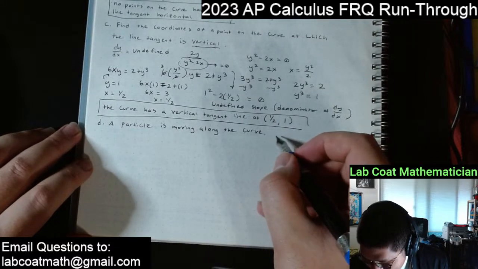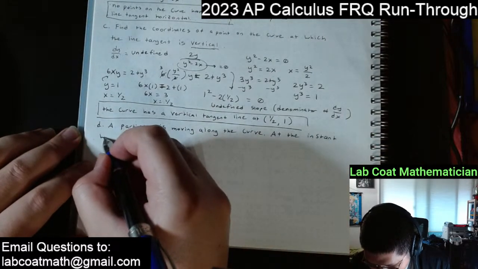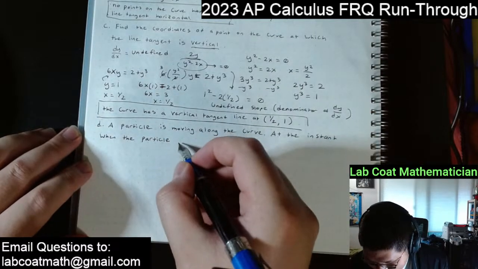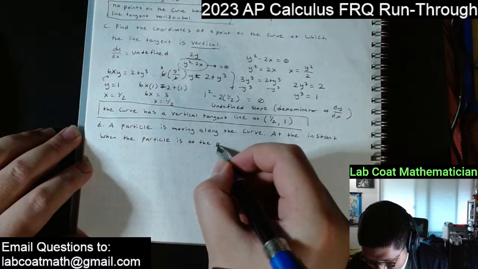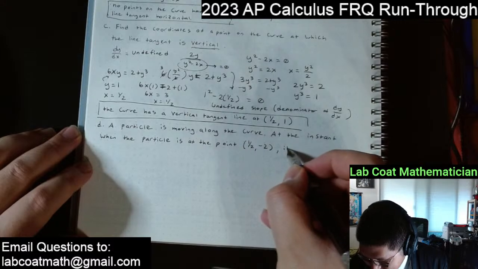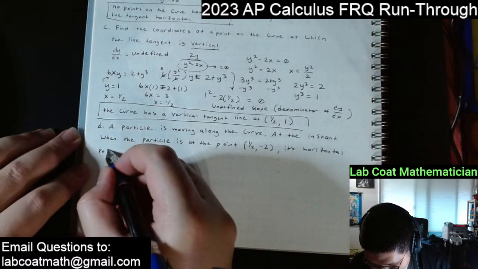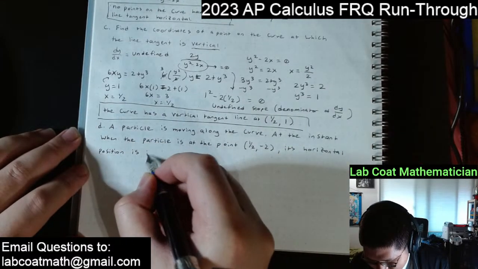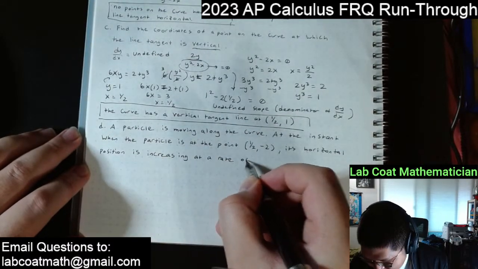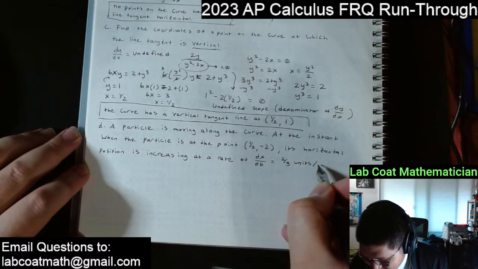At the instant when the particle is at the point 1/2 comma -2, its horizontal position is increasing at a rate of dx over dt being equal to 2/3 units per second.